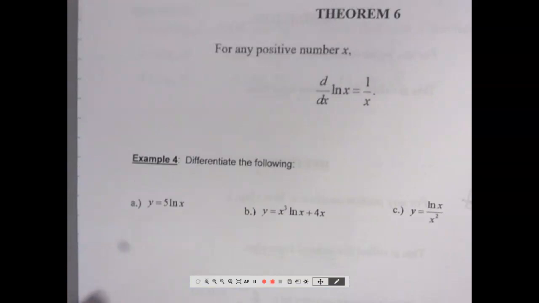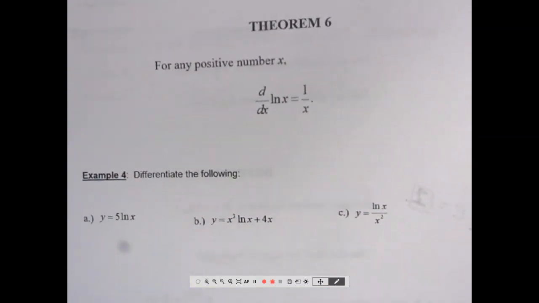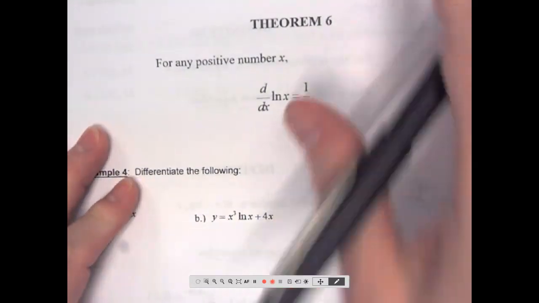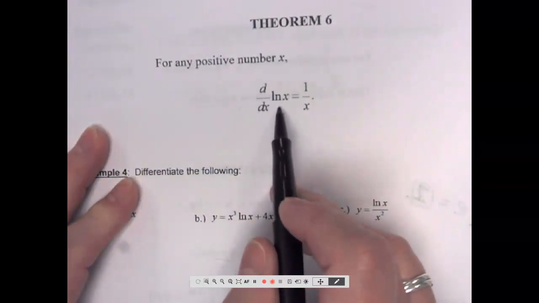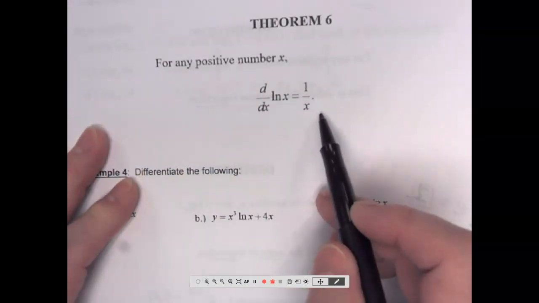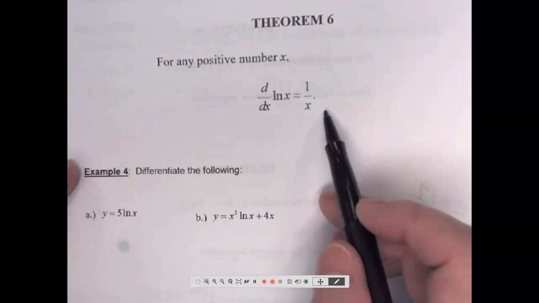Okay, so now we're going to talk about the derivative. For any positive number x, the derivative of natural log x is 1 over x. Derivative of natural log x is 1 over x.